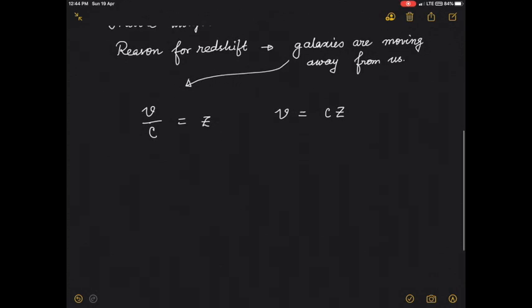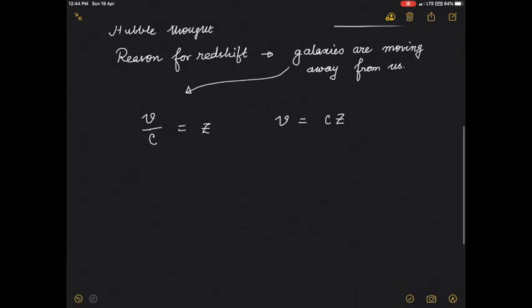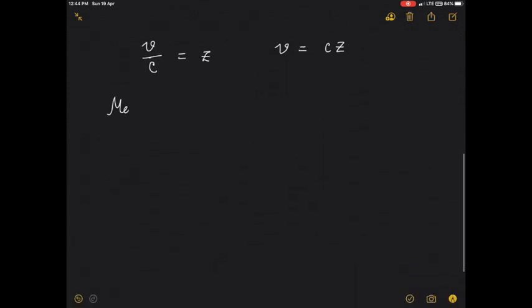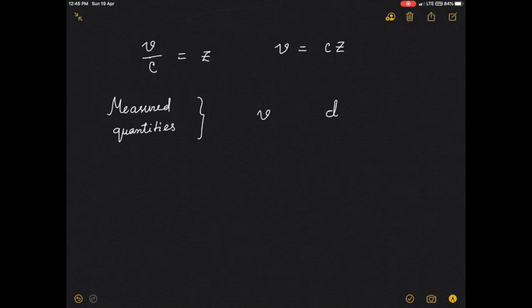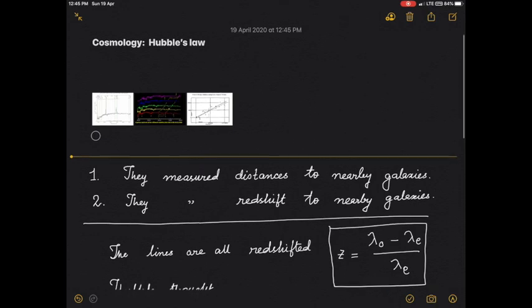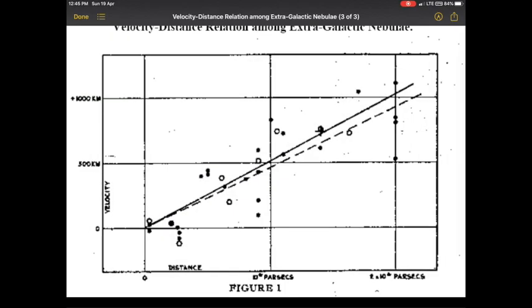So remember, with this interpretation, he had two measured quantities: the velocity and the distance, right? So he plotted velocity versus distance, and this is his original plot.